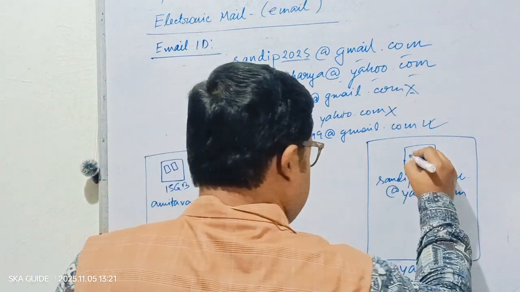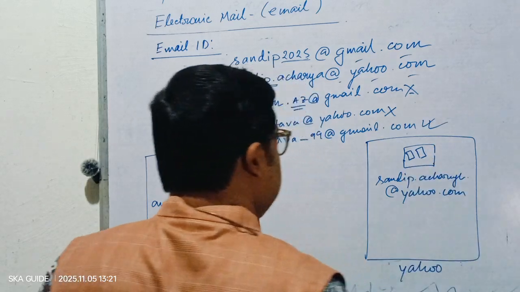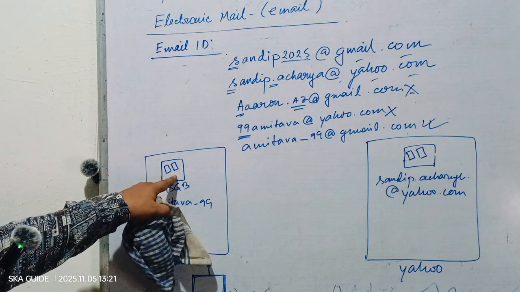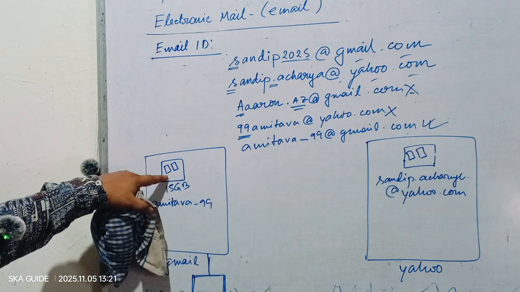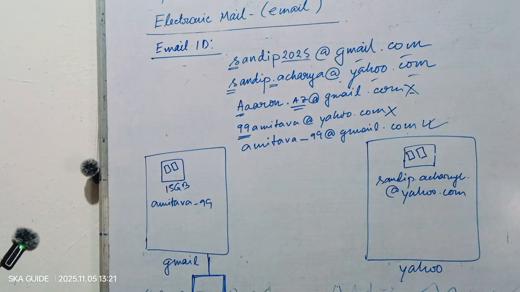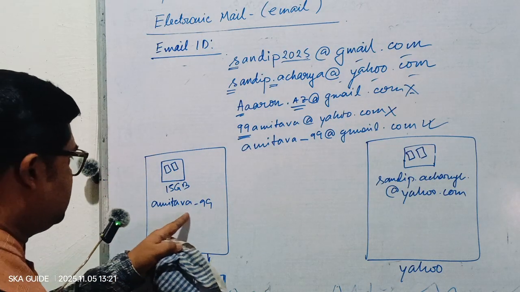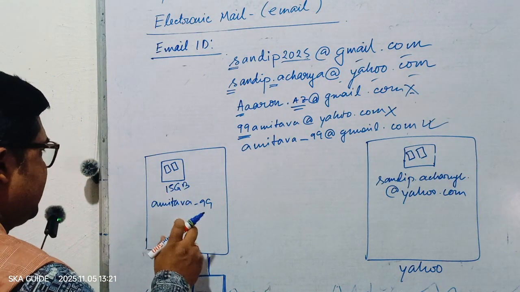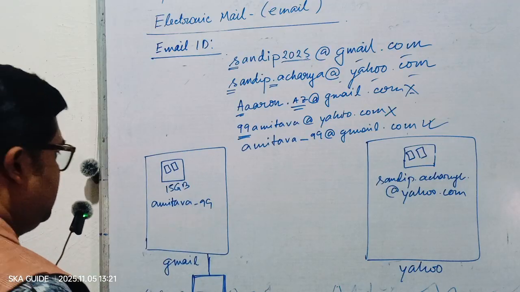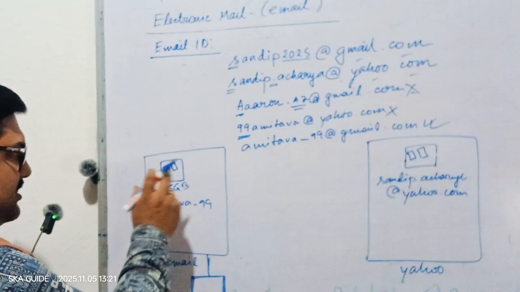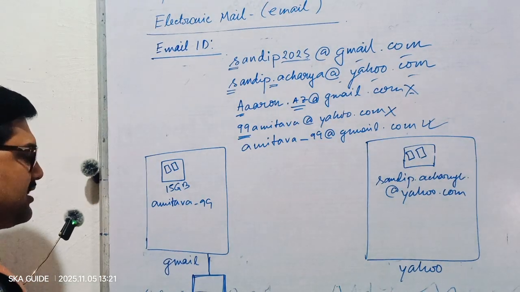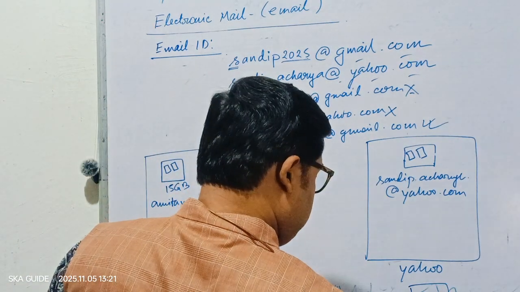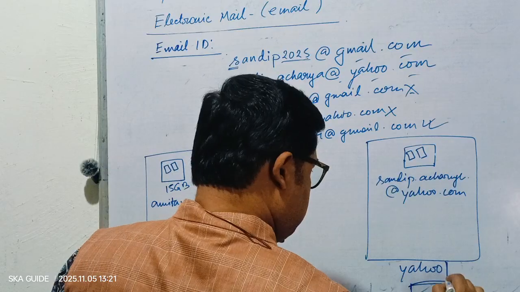Here also there are two boxes. So from this computer, it will connect via the internet and access this 15 GB of space with the use of the email ID, and the Gmail server provides the access to this space. It opens and you can see your received mail as well as the sent mail and other electronic documents also.